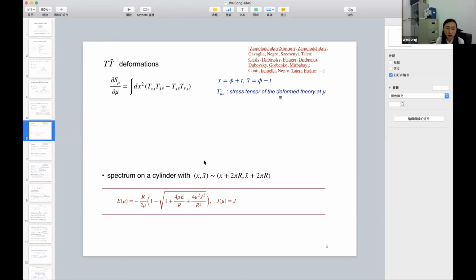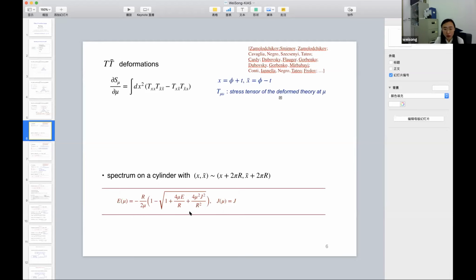People find that such a deformation, putting it on the cylinder, we can just derive the deformed spectrum in terms of the deformation parameter mu, the length of the circle on the cylinder R, and the undeformed spectrum, namely the energy E and the angular momentum J. Because of charge quantization, this angular momentum is not deformed, but the energy has this weird square root structure in terms of the undeformed spectrum.